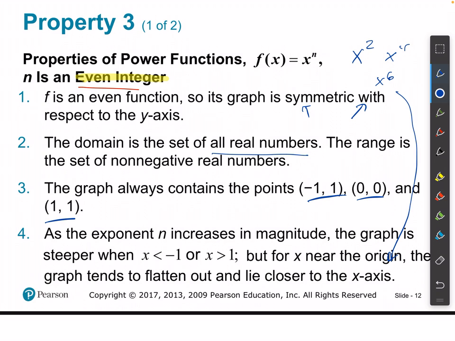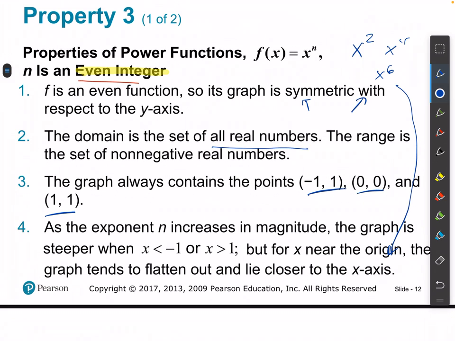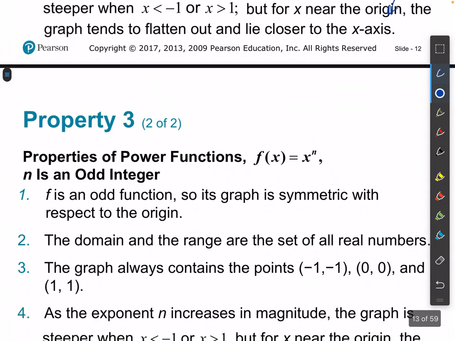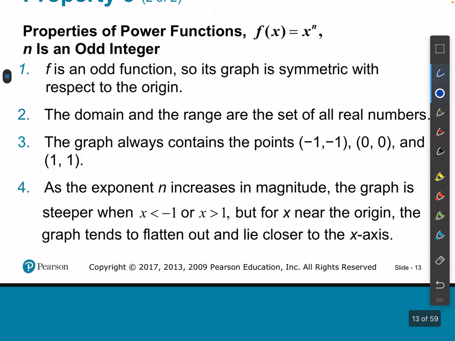These rules I don't like focusing a lot of energy on, because we can look at the picture and kind of see what happens with these. The odd functions, again, are symmetric with respect to the origin only if we're looking at an individual power function, but the bigger idea is they go off in different directions on the end behaviors.